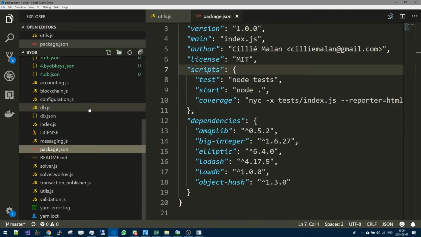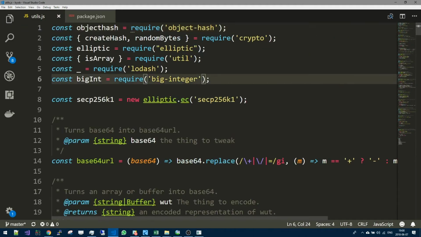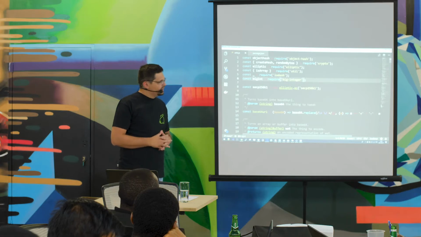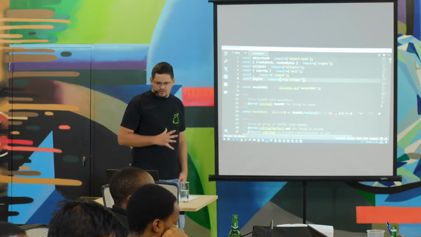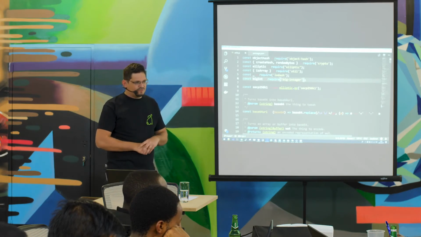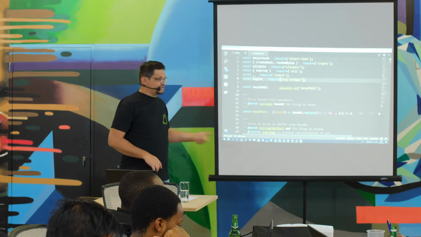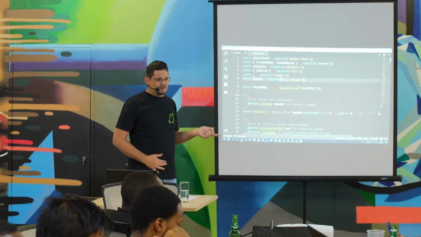Okay, and what I want to do now is go through the code and show you the building blocks that we're going to use to build our blockchain application. I'm going to try and go quickly because we've got quite a lot to cover, and I want to come to the part that actually shows how the blockchain works. So I'm going to fly through these things. When you have any questions, please stop me.